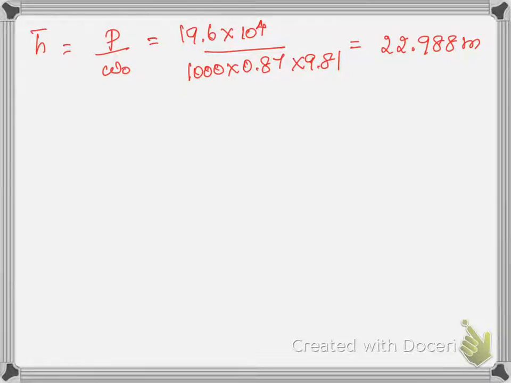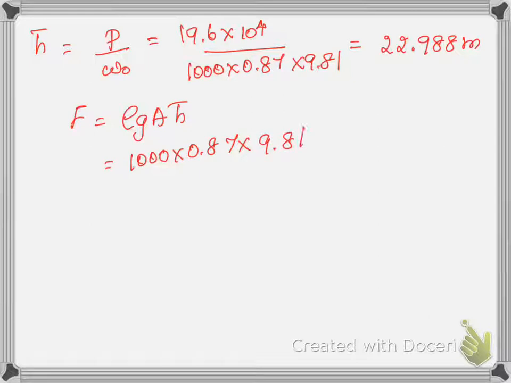Now easily I can get the value of F. So F is going to be rho g A h bar. As I have told, my rho value is 1000 into 0.87, g is 9.81, and I have to get the value of area. So area is nothing but pi by 4 d square, and d square is 4 square, since the diameter is given to be 4.